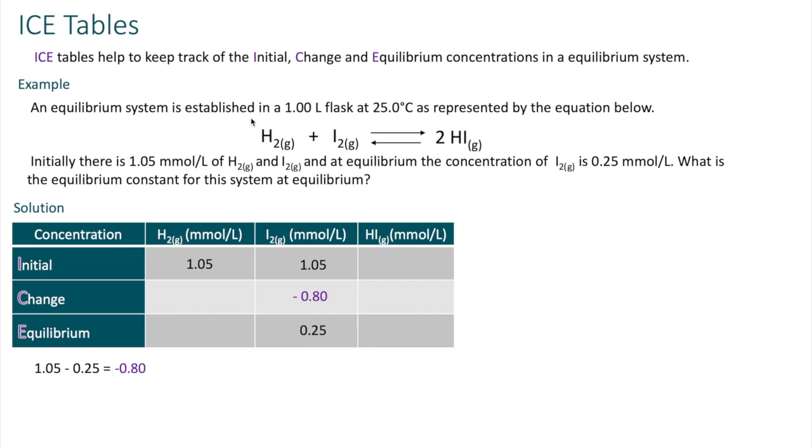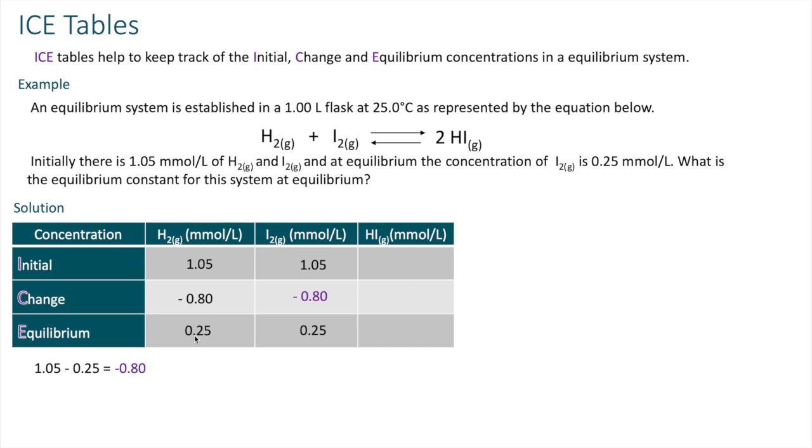And when you're using ICE tables, you have to have a balanced chemical equation to understand what exactly is going on with our chemical system. So I know that I have 1 mole of iodine gas reacting with 1 mole of hydrogen gas. So if this changed by 0.80, this is also going to change by 0.80. Therefore, at equilibrium, I can just take this, subtract this, and I'm going to get the same value at equilibrium.